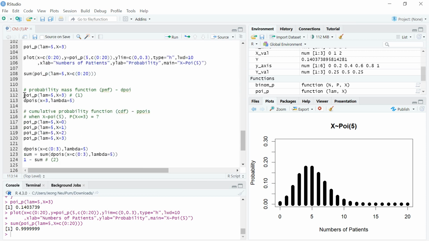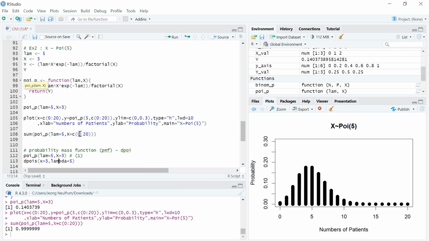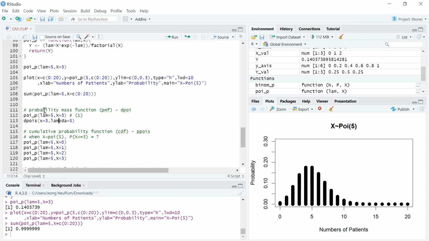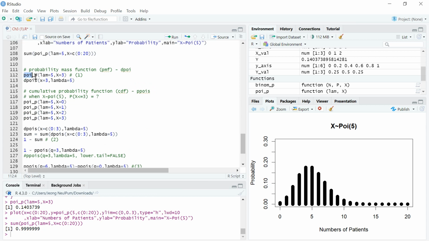Okay, so as we already have done in the binomial distribution, although we made our own function here, our programming also gives us the Poisson function, which gives us the probability of the Poisson distribution.